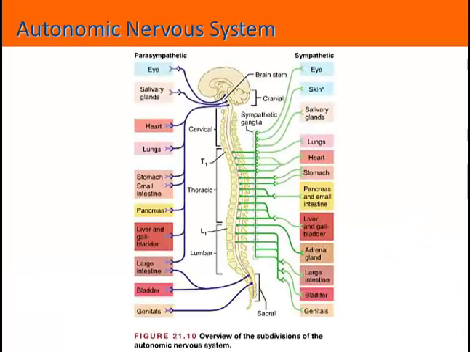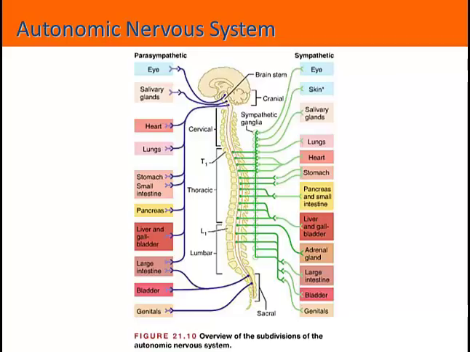Looking now a little more specifically at the anatomy of the autonomic nervous system, we see here where exactly in the central nervous system both the parasympathetic and sympathetic nervous systems originate and what their specific targets are. Looking at the left side of this diagram, we see the parasympathetic system that originates in both the brainstem and the sacral portion of the spinal cord.